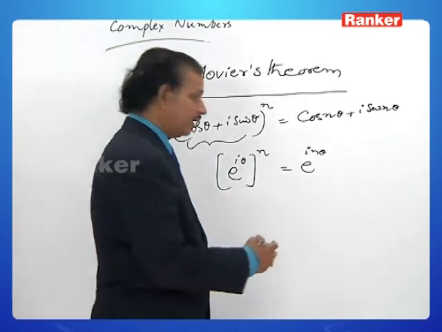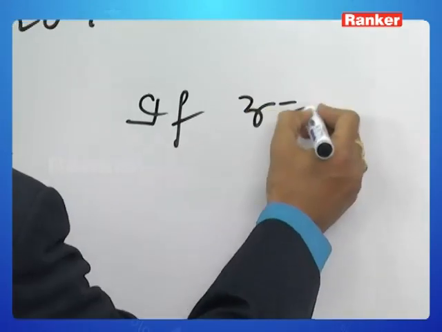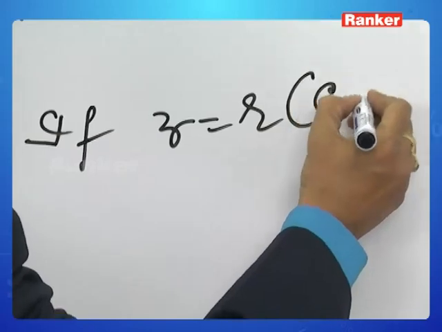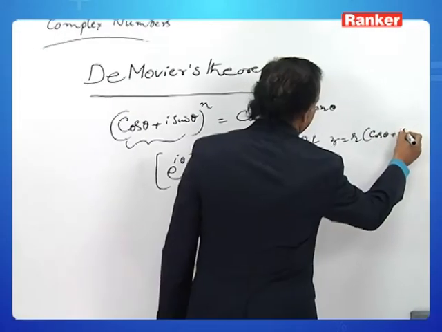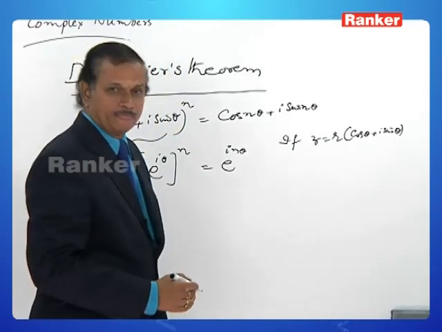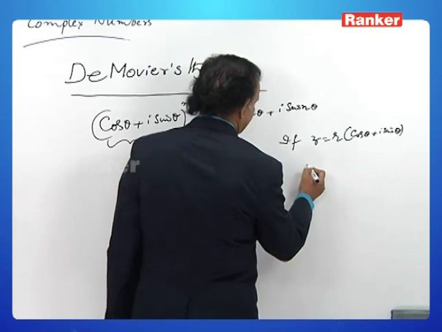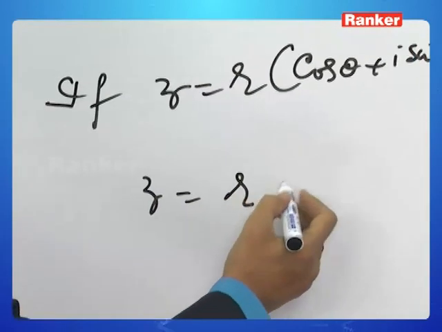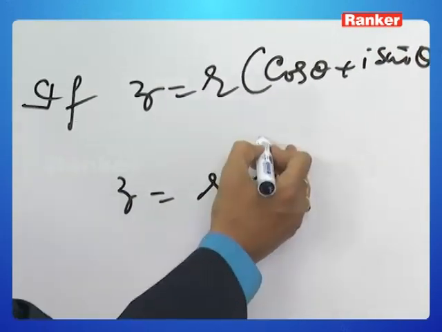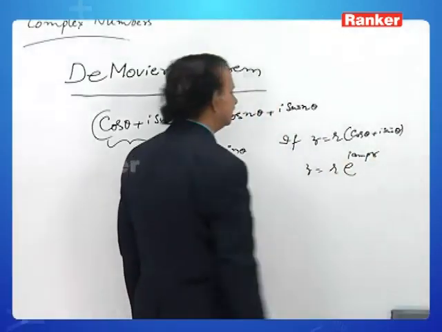Moreover, if z is equal to r into (cos theta plus i sin theta), then this z can be written as z is equal to r into e power i into amplitude of z.